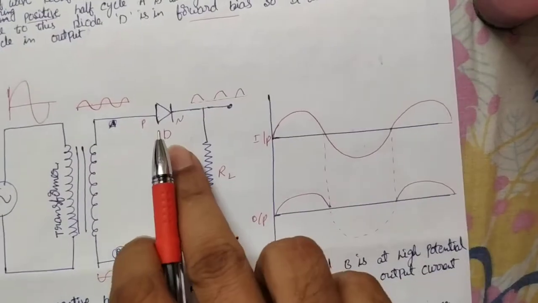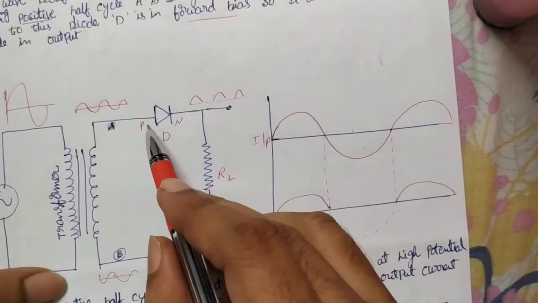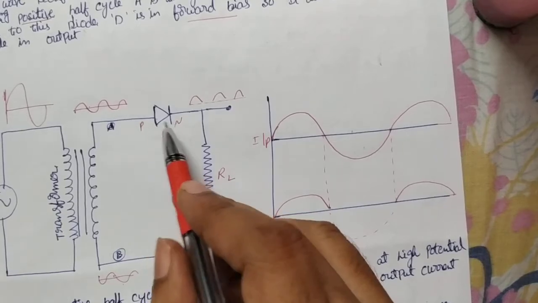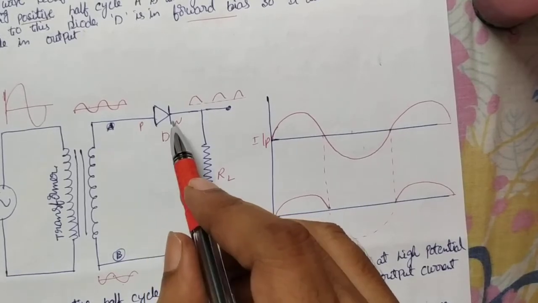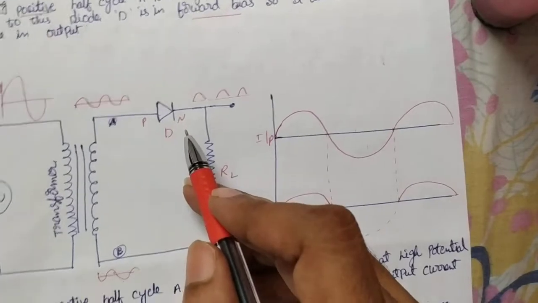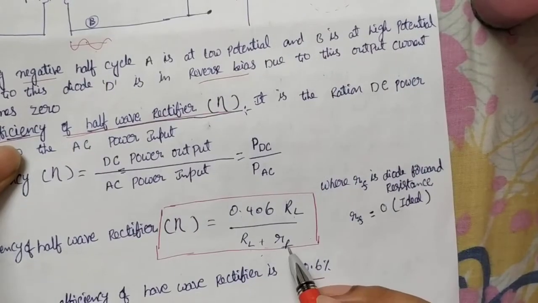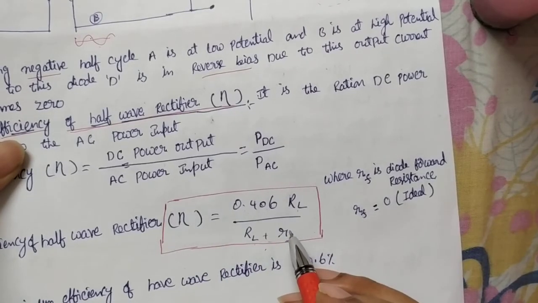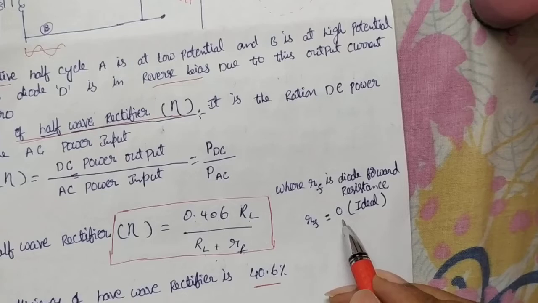Even when the diode is in forward bias, no diode is ideal. An ideal diode means the forward resistance is 0, but a normal PN junction diode offers some small resistance in forward bias, and that resistance we write as R F. That is how we calculate efficiency. The maximum efficiency is when the diode is ideal, meaning the forward resistance is 0.